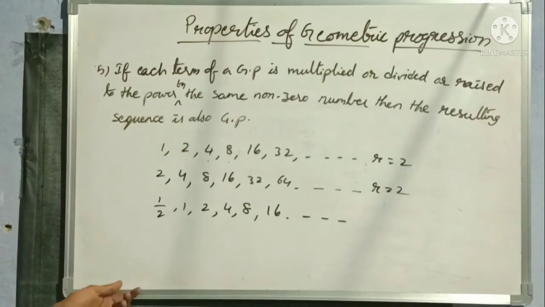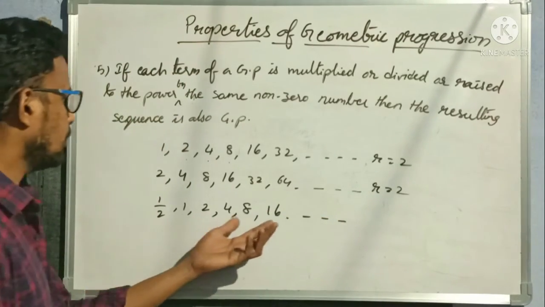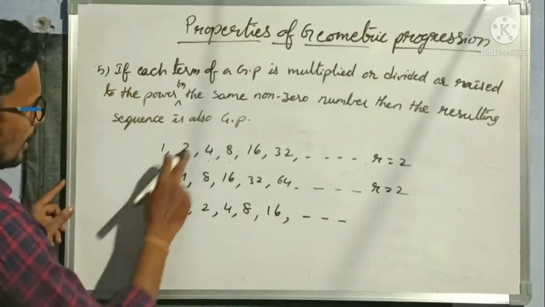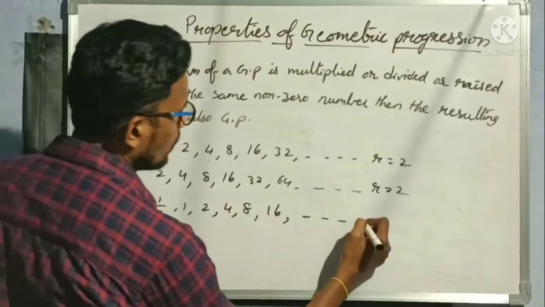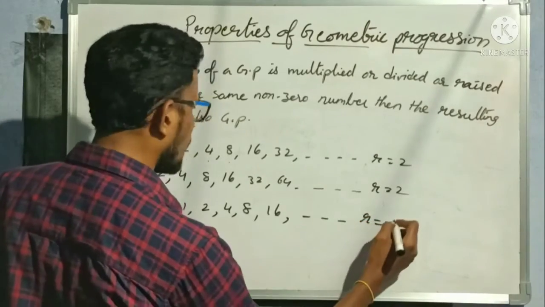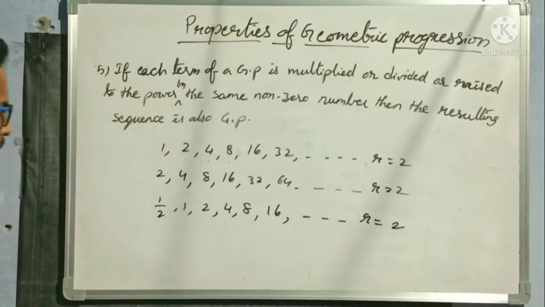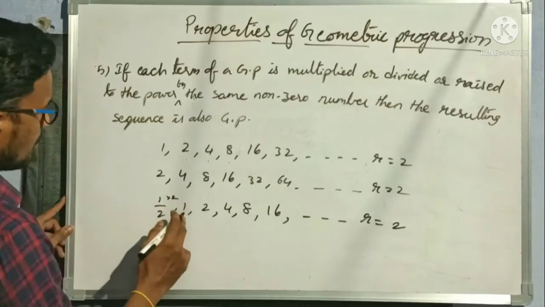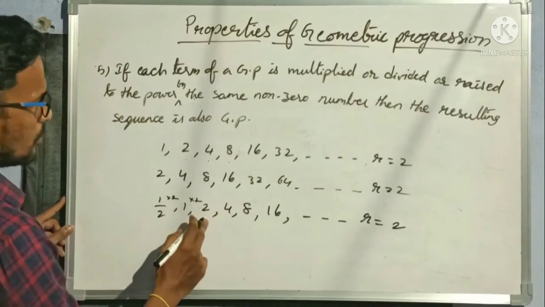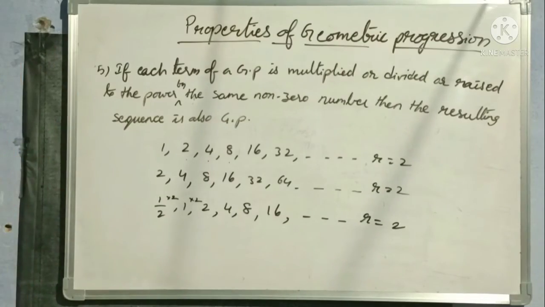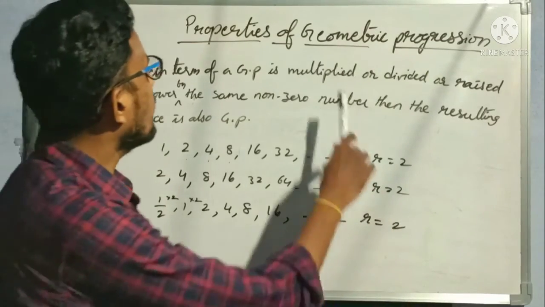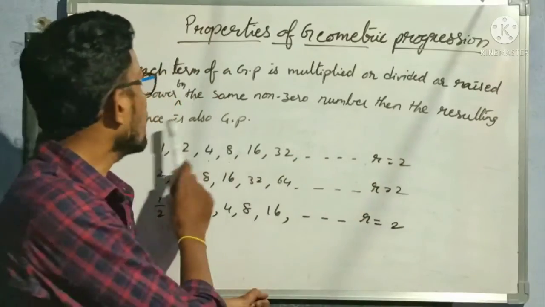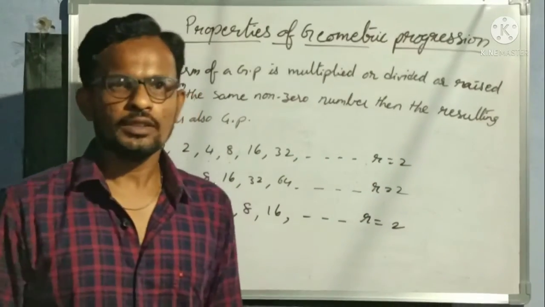So the resulting value, if we divide all these numbers by 2, is also a GP. So here also our r is 2, right? So 1 by 2 is multiplied by 2 is 1, 1 is multiplied by 2 is 2. So whatever we do, either multiply or divide or raise to the power by the same non-zero number, the resulting sequence is also a GP.